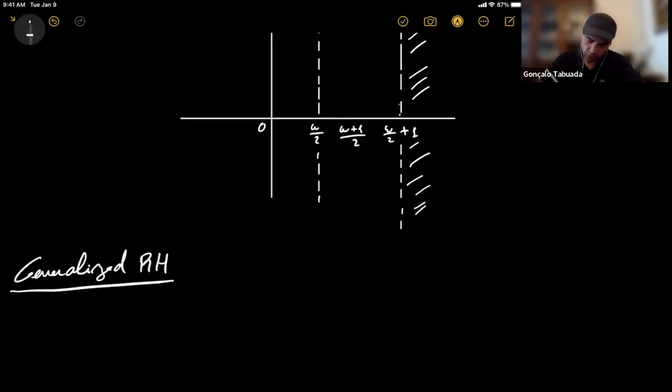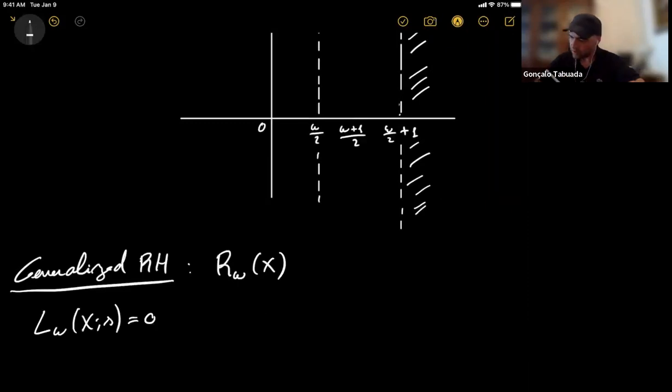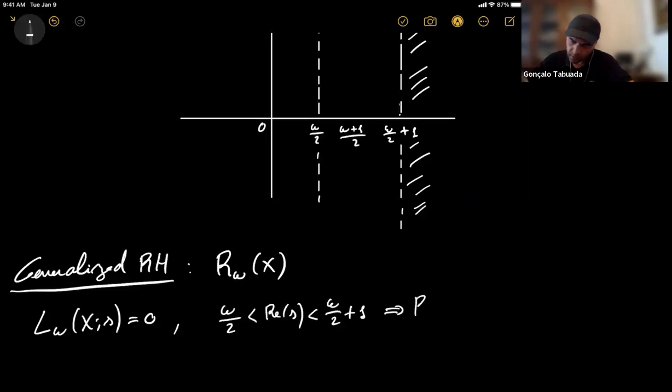It is, which I will denote from now on like this, R omega x. This means that if I have a zero of this function, so if this function vanishes with the variable belonging to this critical strip, then the zero is actually on this specific line.